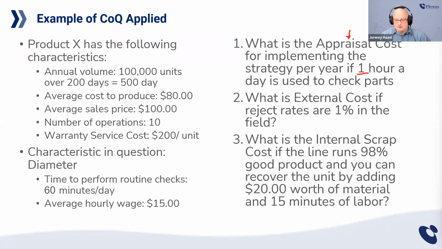Well, this is going to be pretty simple. This is 200 man days multiplied by 1 hour a day, multiplied by $15 an hour, equals $3,000. Okay, I'm going to put this down here on the screen in just a second. That is the cost to check those parts.